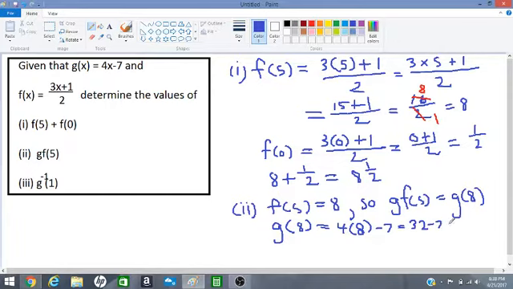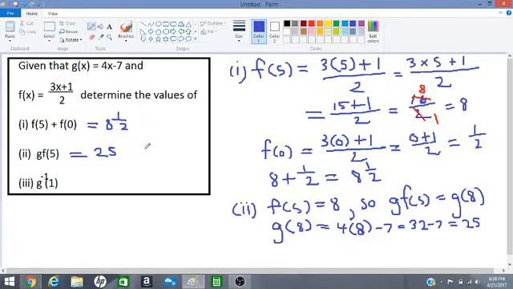Take away 7 is 25. So far our answer for part 1 was 8.5. Our answer for part 2 is 25.